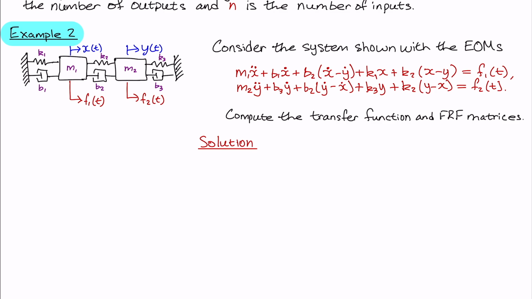All right, so given here a system of two oscillators coupled together, we've included two grounding springs as well as dampers, both a coupling damper and two grounding dampers. They all have different coefficients, and there are now two forces, one force acting on each of these oscillators. I've given you the equations of motion, and what you're going to do is compute the transfer function and the FRF matrices. First, you're going to do this using each equation separately, and then later on we'll do it with matrices.